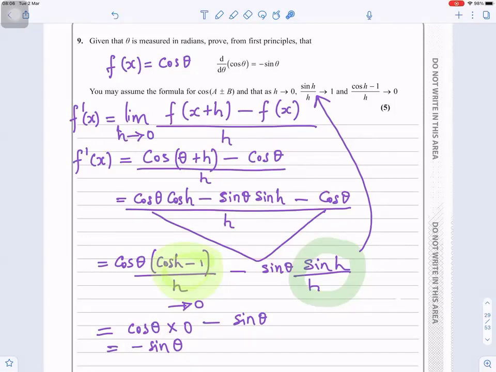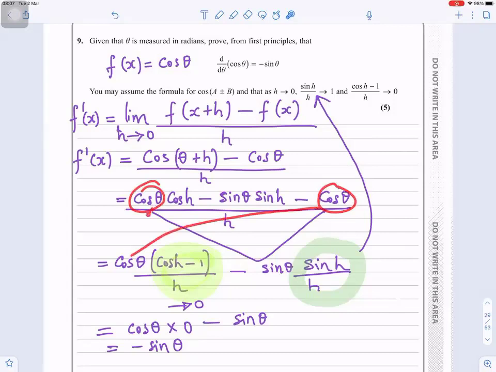Now we've been given some assumptions. So what we want to do is separate them and then factorize. So we can have cos theta, bracket, cos h minus 1 over h. So we factorize cos theta out.